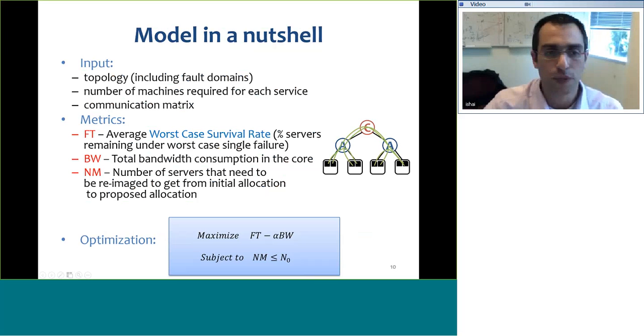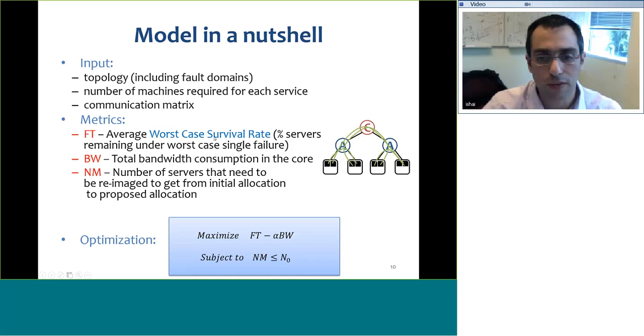So here's the model of the problem in a nutshell. We are given the topology of the data center, including the fault domains mapping. We know the number of machines that are required for each service, and we have the communication matrix which we measured, and we know how much each service talks to another service. The metrics that we care about are the fault tolerance, and again, as I mentioned, in particular, we are looking at the average worst-case survival rate.